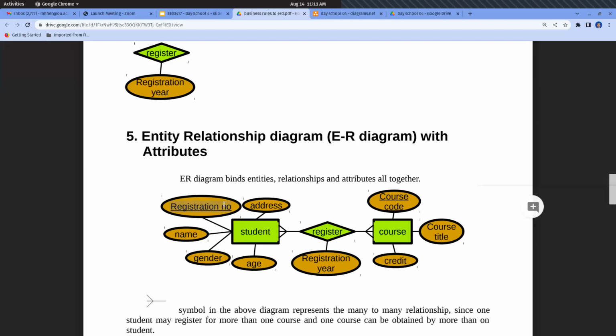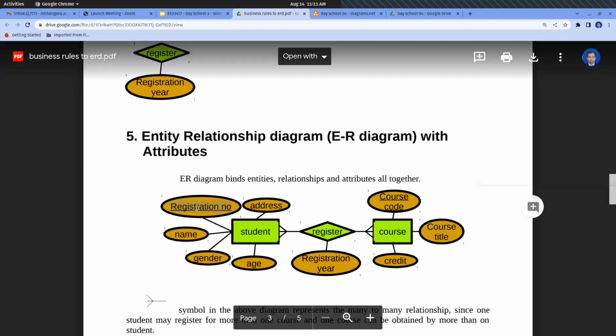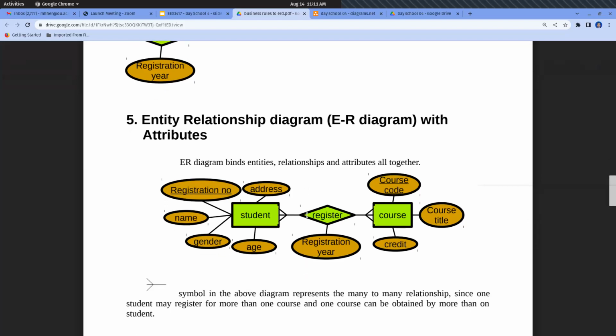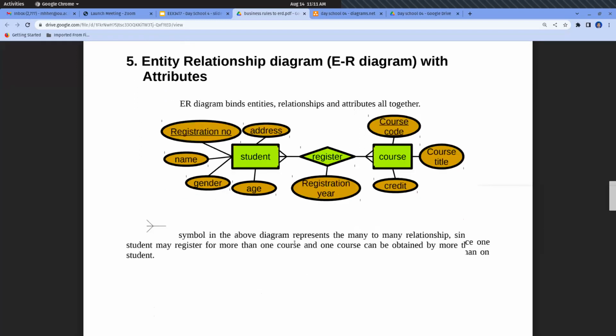We underline this attribute as the primary key. Here course code is a primary key. Now you can see this angle sign. Here also an angle sign. I will explain later what this is.